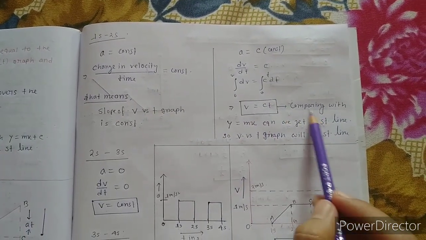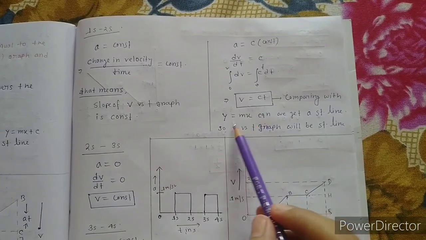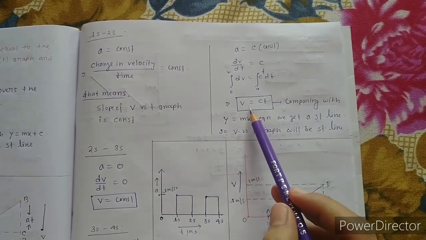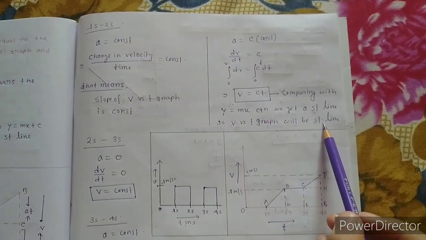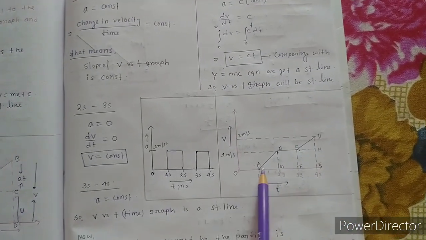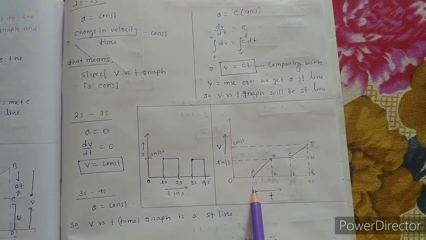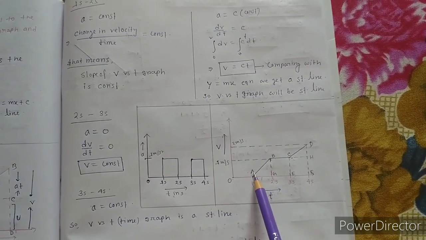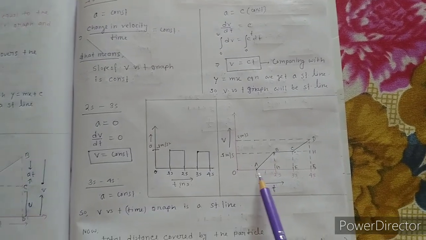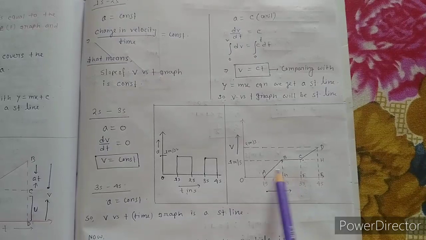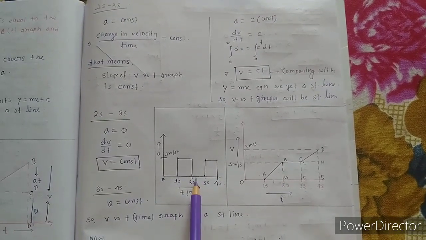Now comparing this equation with y equals mx, that is the equation of a straight line, we get the v versus t graph will be a straight line. So if we look at the figure, the v versus t graph in between 1 second and 2 second will be the straight line AB. Now in between 2 second and 3 second, the acceleration of the particle is 0.